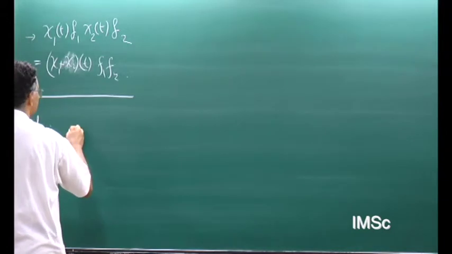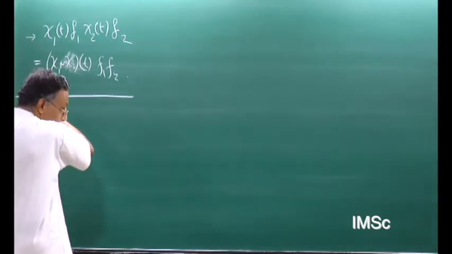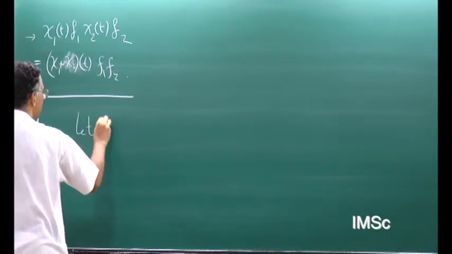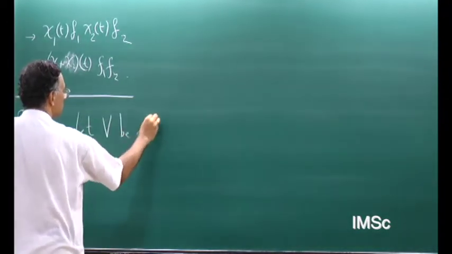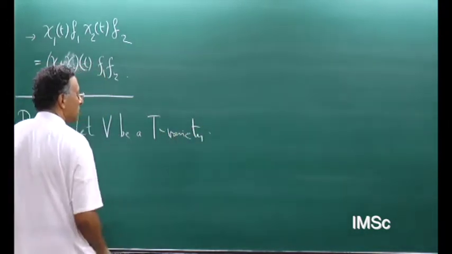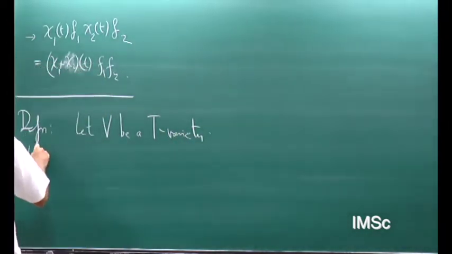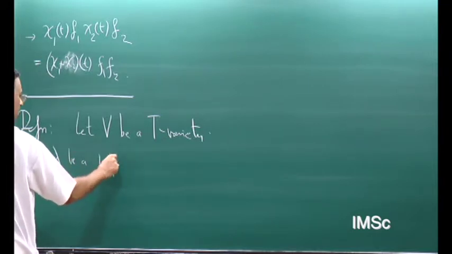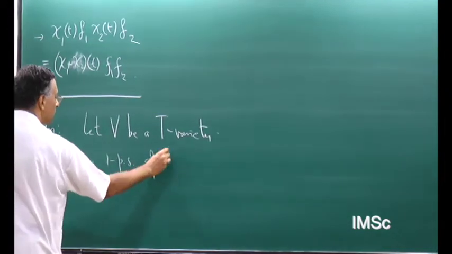So we say let V be a T variety, let lambda be a one parameter subgroup of T.